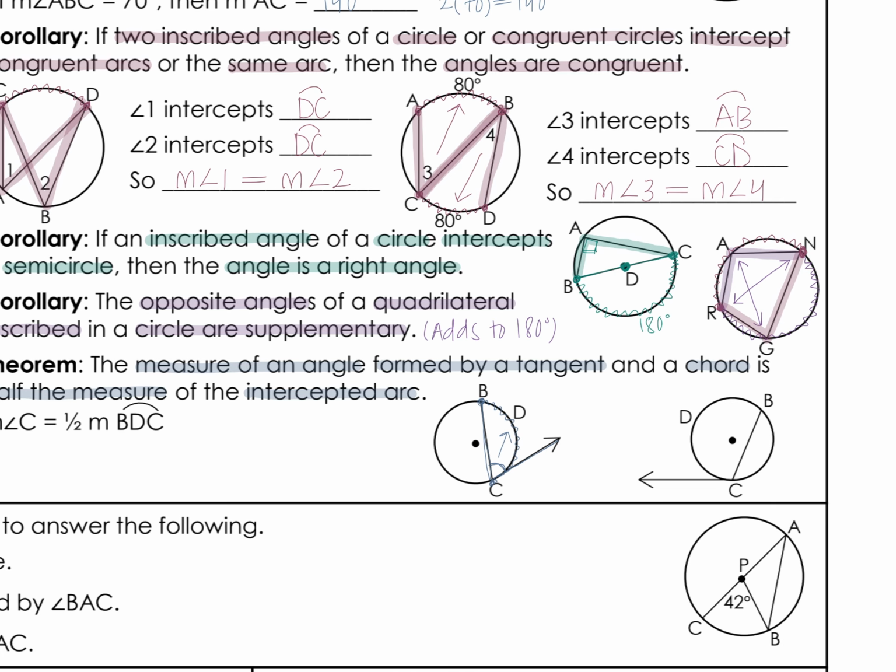Same idea over here. If we look at our tangent line and our chord and where they intersect, this angle is going to be equal to half the measure of that intercepted arc, from B to D, and then all the way once again to C, where that point of tangency is.